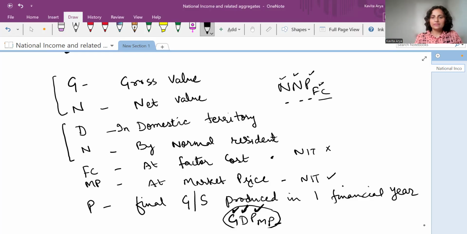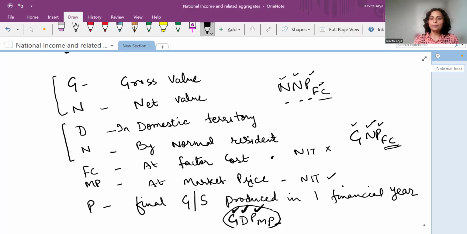If we have, say, GNPFC: the gross value of all the final products, goods and services produced by a normal resident calculated at factor cost.